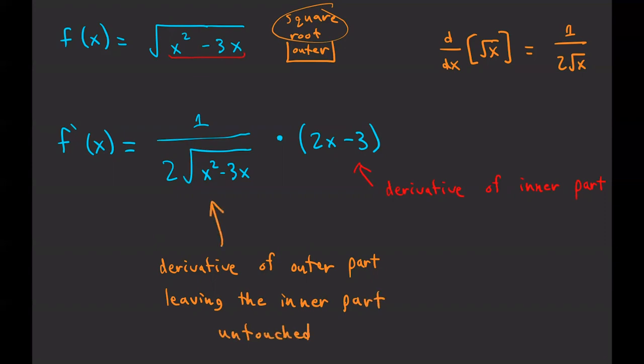Right there. And so we've just got our outer and our inner right there. Great. So that's just another quick example. Obviously, I could do some more simplification here on this part, but I'm not going to worry about that for this example. We'll just leave it like that for now, just to get a sense of how we use the chain rule with an inner and an outer part.